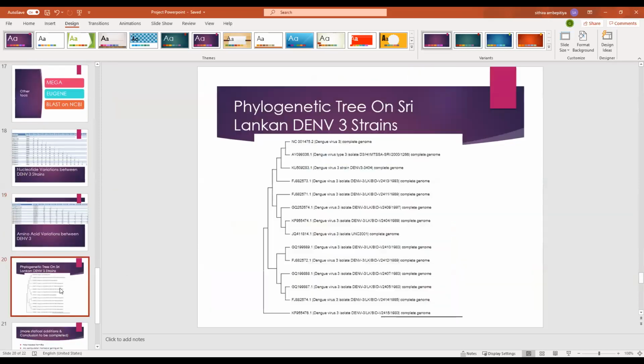We also ran a phylogenetic tree which shows that this 1983 sample is different from the other strains. Also, we ran a BLAST on the 14 strains as well.